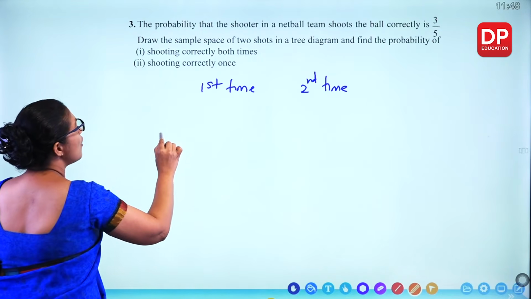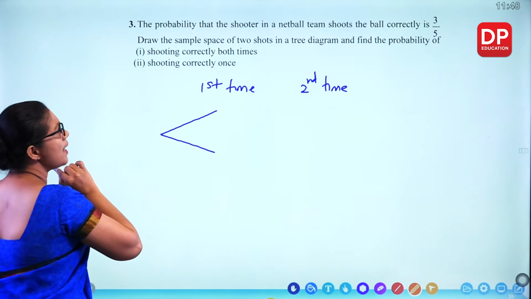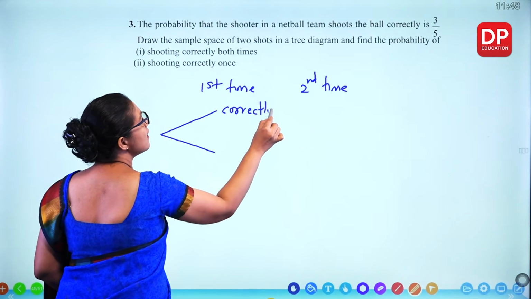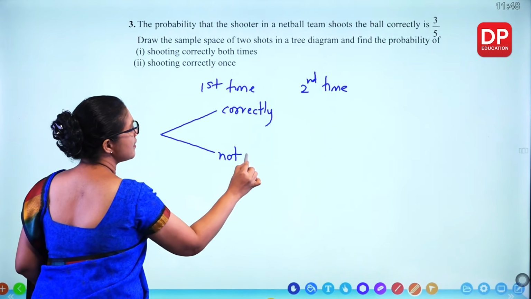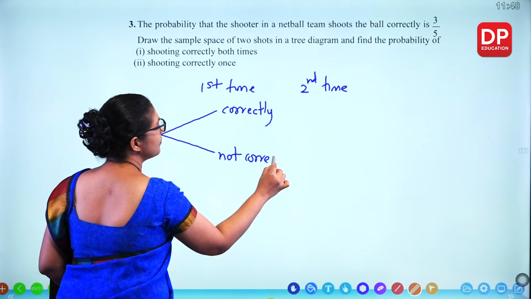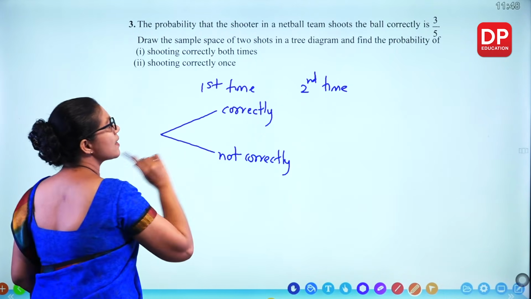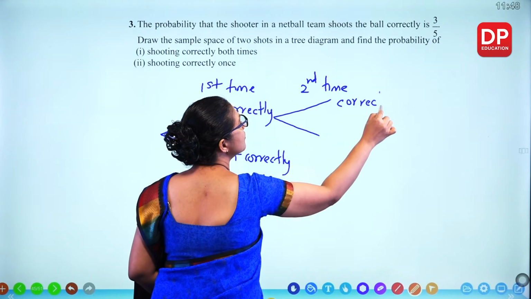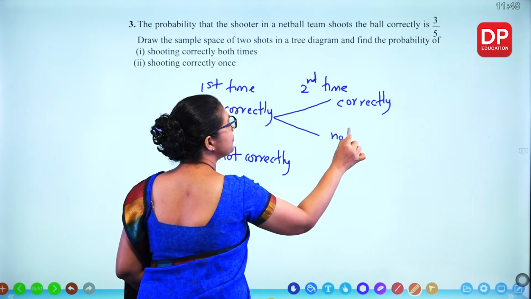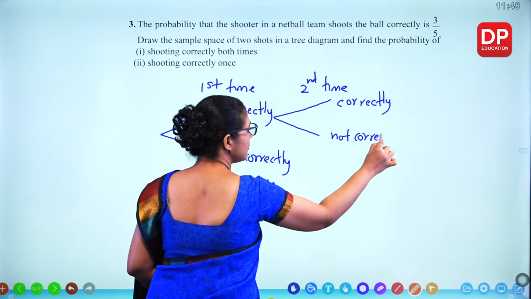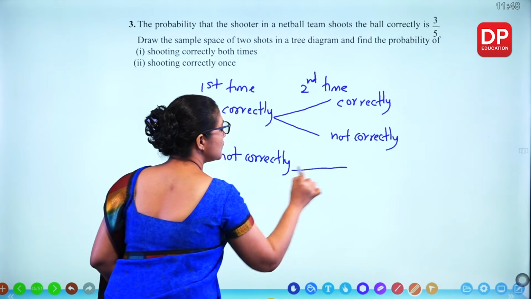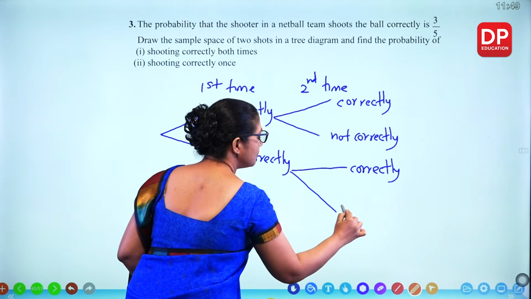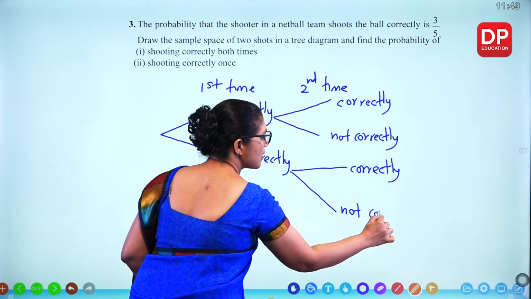What are the possible outcomes when you shoot first time? It can be correctly or not correctly. Second time also you can get correctly or not correctly. So this one correctly, not correctly.